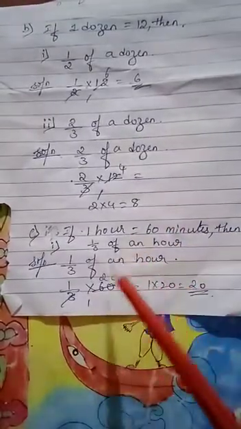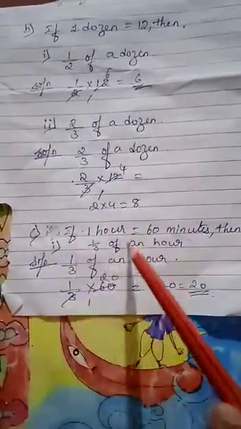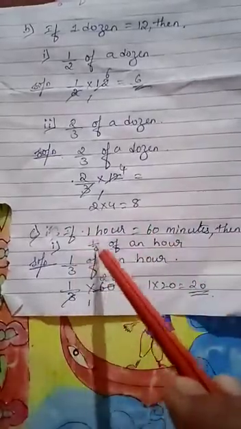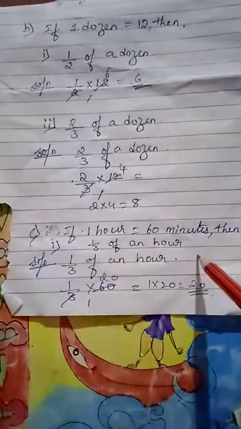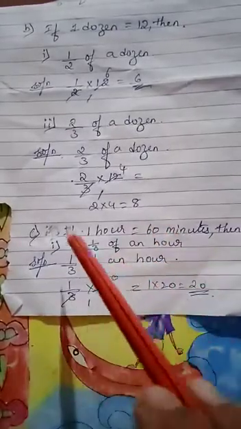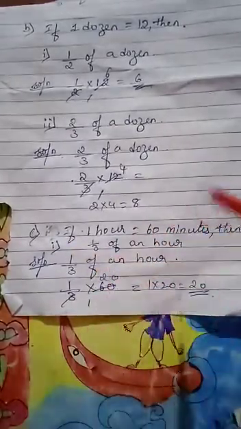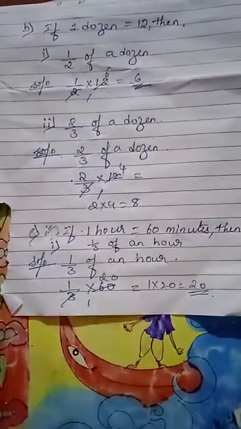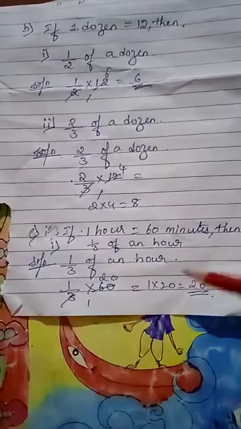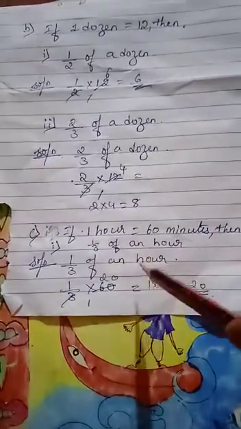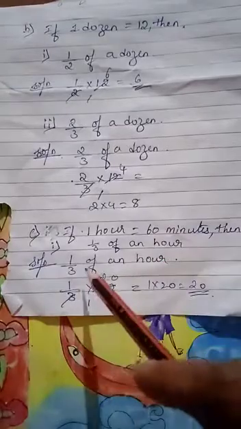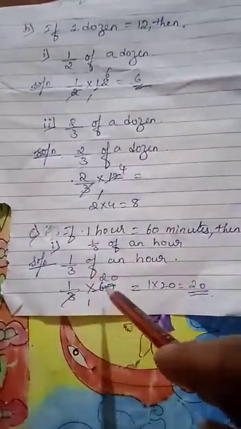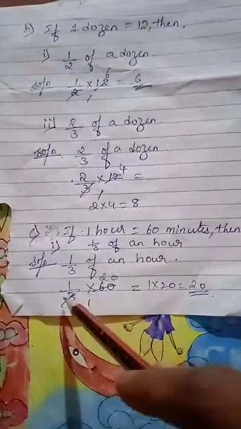Next we go to the next problem. If 1 hour is equal to 60 minutes, then find out 1 by 3 of an hour. So 1 by 3 into 60 minutes. 1 by 3 is already in the simplest form.